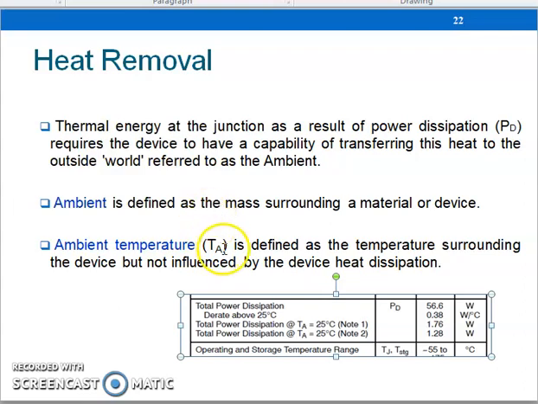So we indicate ambient as TA, the ambient temperature.